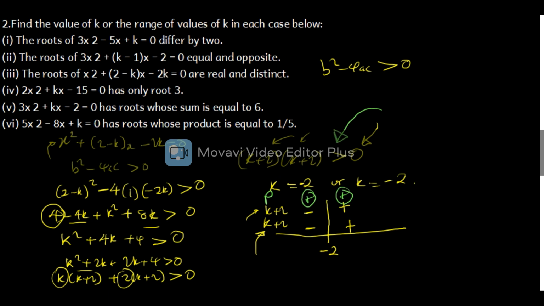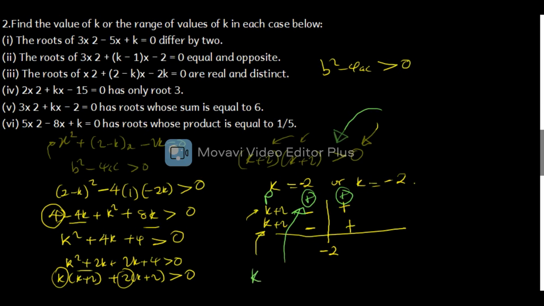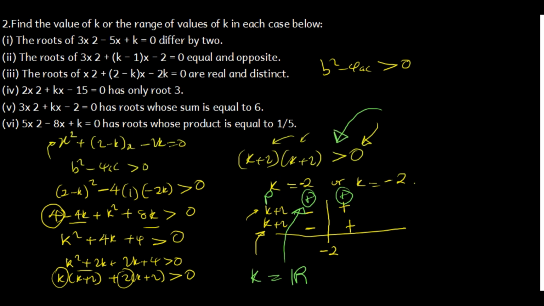Greater than 0 means our value should be a positive value, and we can see that for whatsoever value of k, our product is going to be positive. That means k is going to be any real number. That's the meaning. So k can be anything. It can either be above negative 2 or below negative 2.